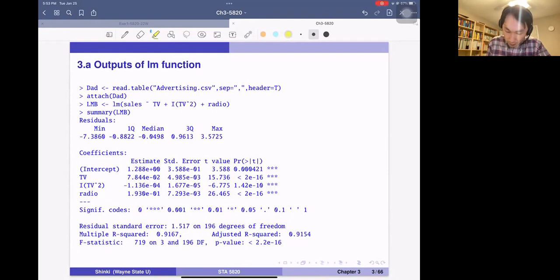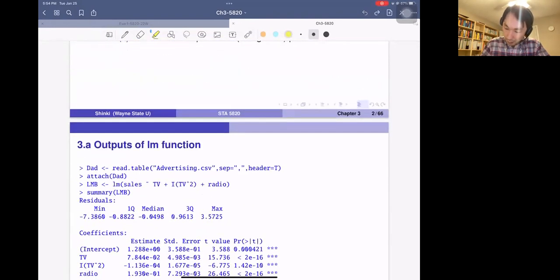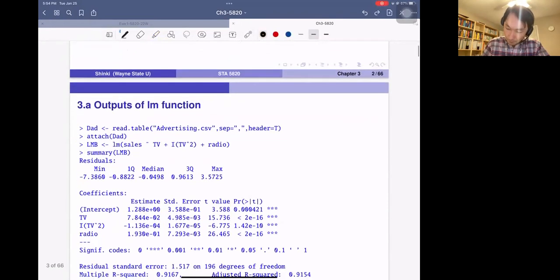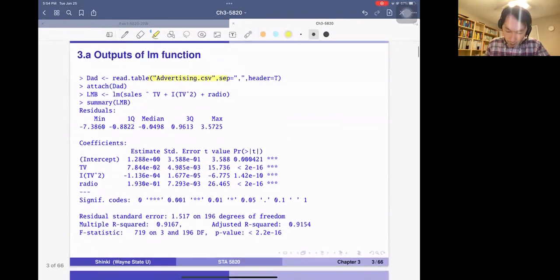Okay, so at first we read the table. This is Advertising.csv. Actually, this is also in the ISLR package. We regress the sales on TV and the square of TV and radio.